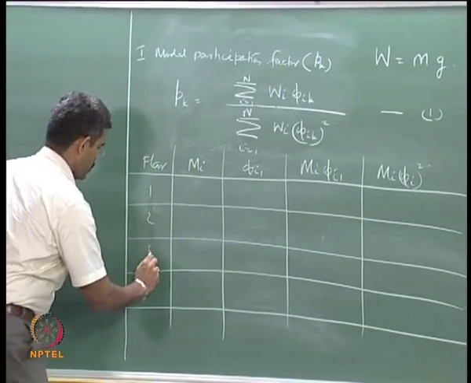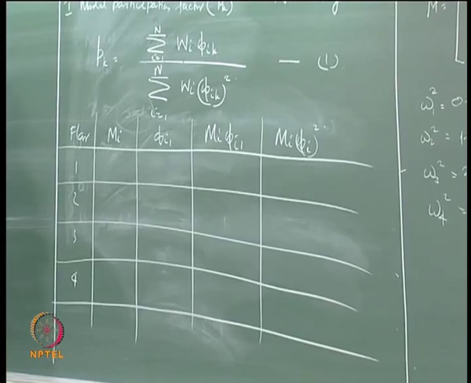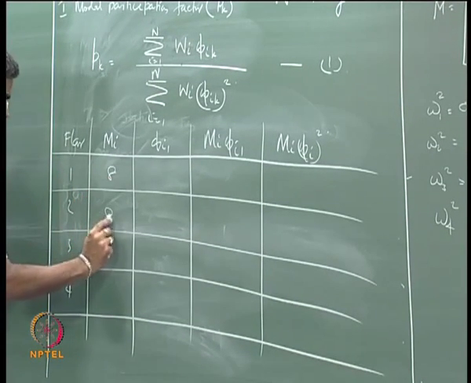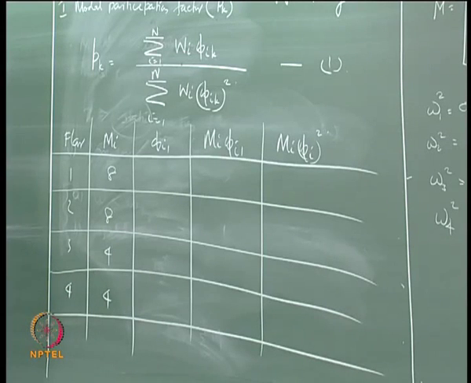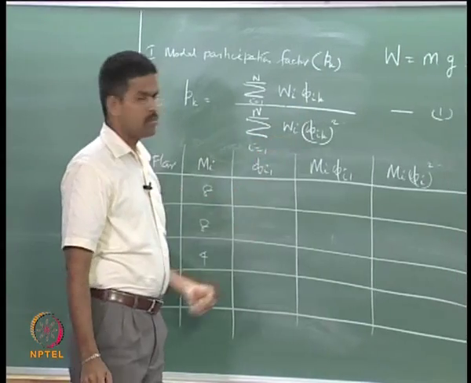So, 1, 2, 3 and 4. 8, 8, 4 and 4. These are the values I have in the mass matrix. They are not W's, they are mass. So if you expand, it should be phi 11, phi 21, phi 31.